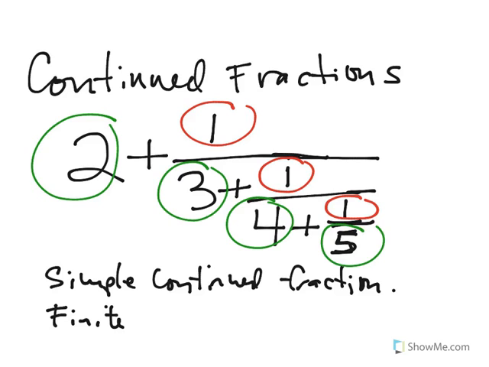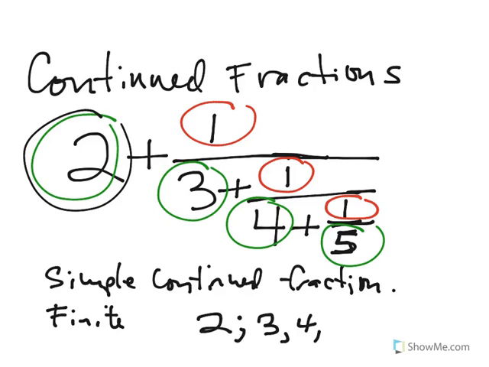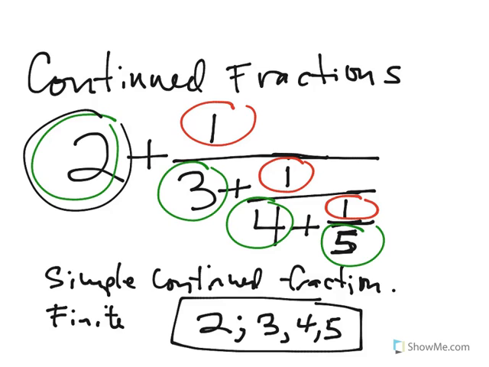So we can describe this big expression with this shorthand, where we write the whole number here, and then we put a semicolon, and then we write all the different denominators, so 3, 4, and 5. Okay, so this is a shorthand for describing this simple continued fraction. Again, simple because all the numerators are 1.